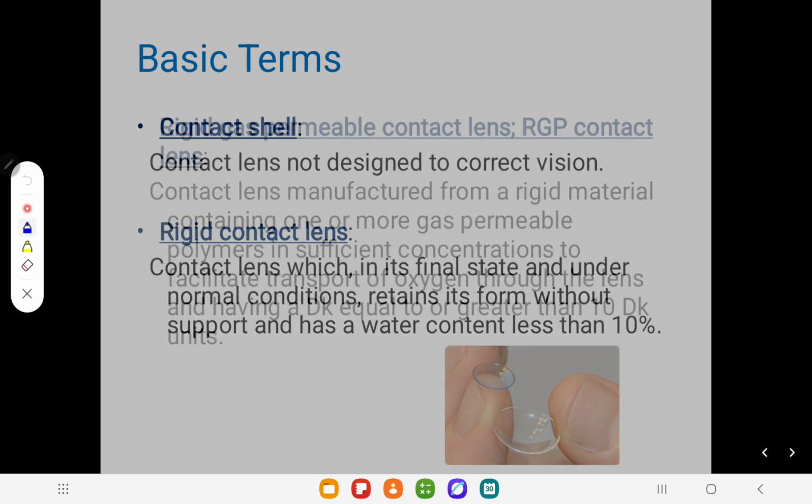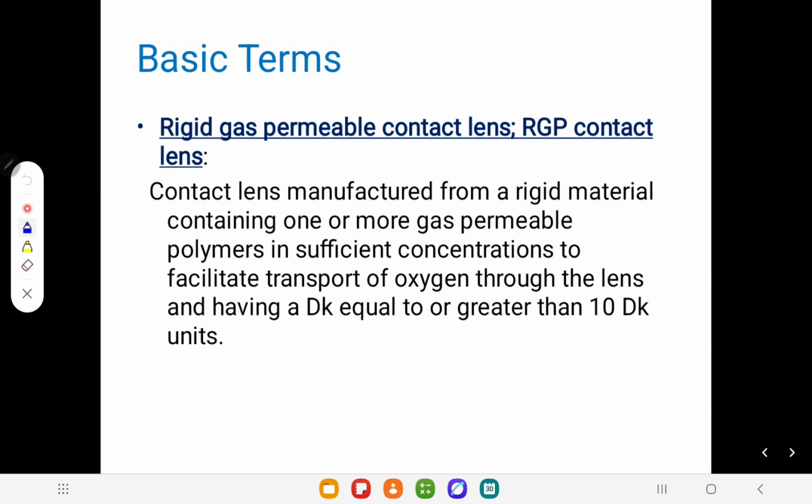Rigid gas permeable lenses are contact lenses manufactured from a rigid material containing one or more gas permeable polymers in sufficient concentration to facilitate transport of oxygen through the lens, having Dk equal to or greater than 10 Dk units. That's why we call it gas permeable. First it has to be rigid, then it has to be gas permeable, with Dk greater than 10.